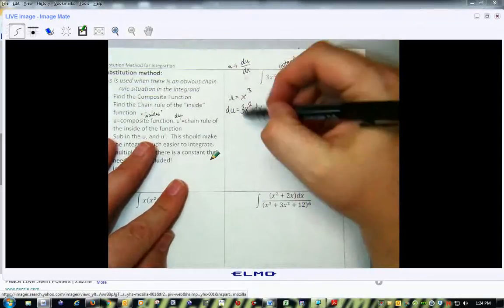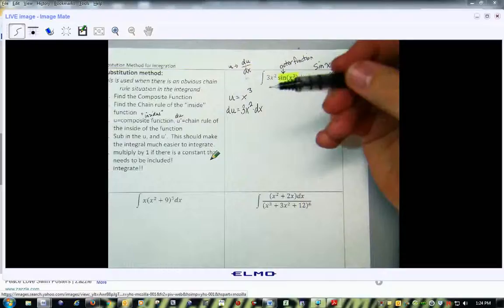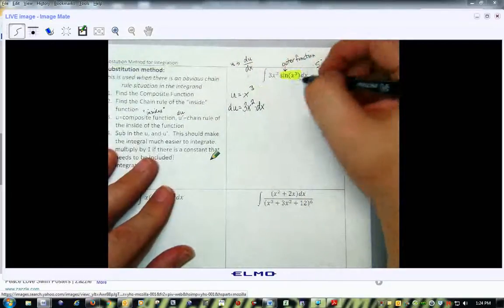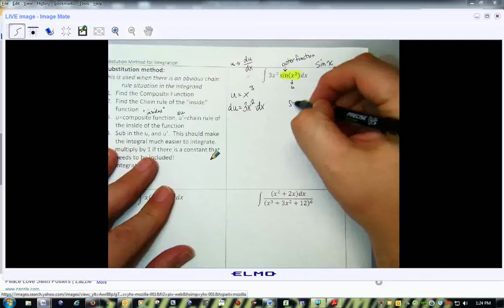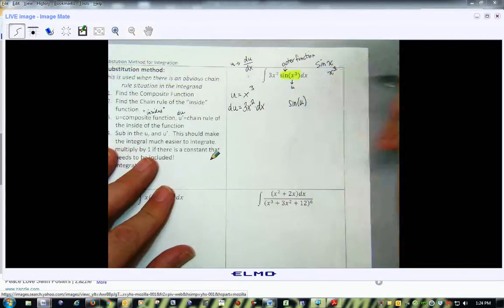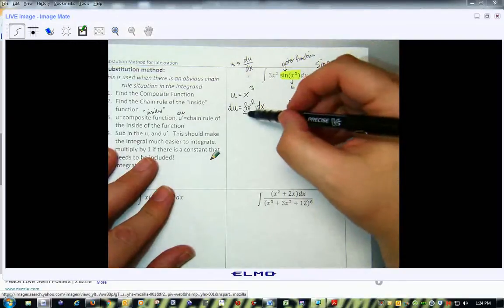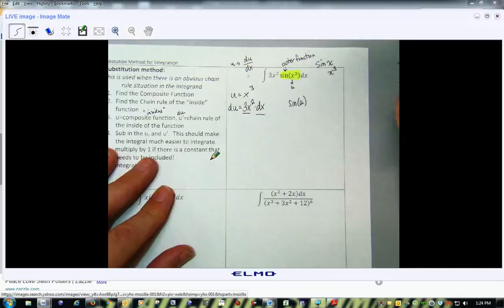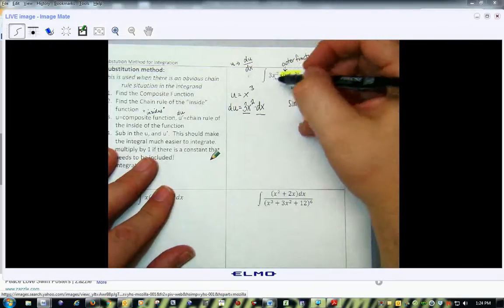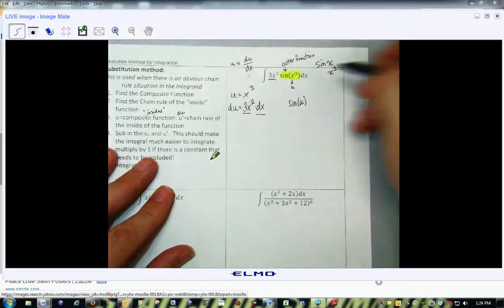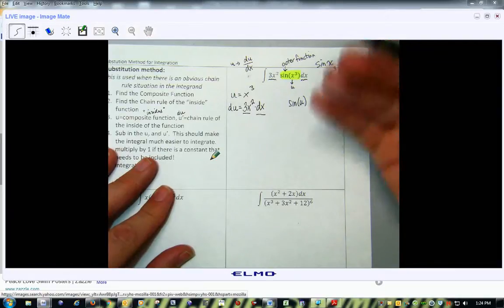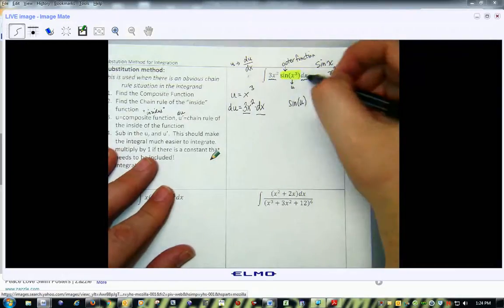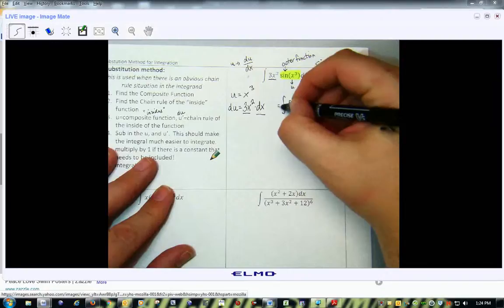After we get to this part, I know this is going to become a u, so I'm going to get the sine of u. Do I have everything that makes up the du? Do I have a 3x squared? And do I have a dx? Yeah, so the whole thing would become du.